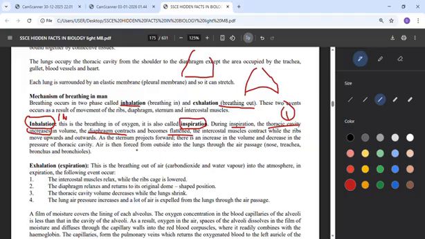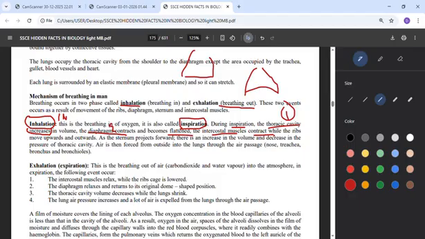So for the thoracic cavity, we say it will increase. The diaphragm will contract, then become flattened. Then we also have the intercostal muscles. They will contract, the way the diaphragm contracts and becomes flat.